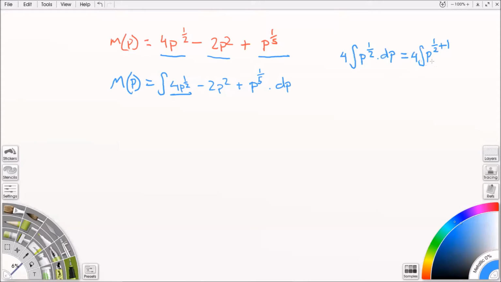I'm just wondering whether we can still write the integral sign there with the plus 1, because it's already integrated, I would think. As we said yesterday, we add 1 whole to whatever's in the exponent, and then bring that value below. So this is what this will look like.